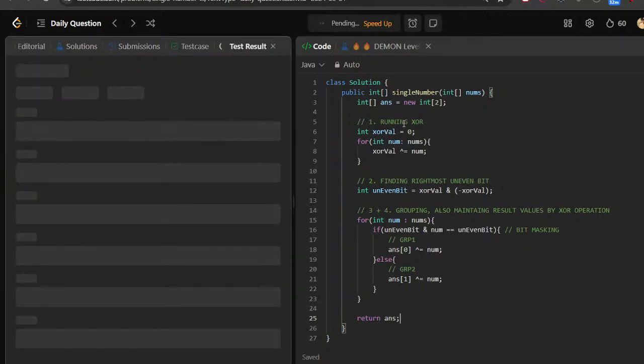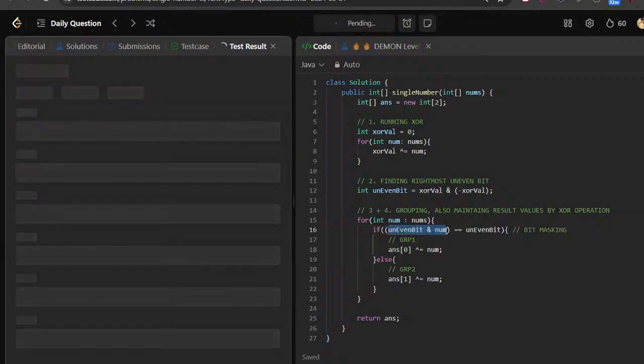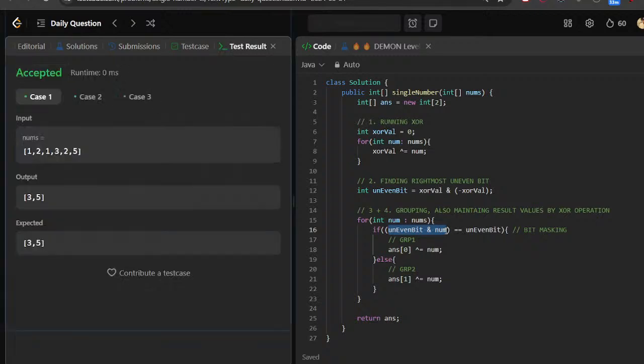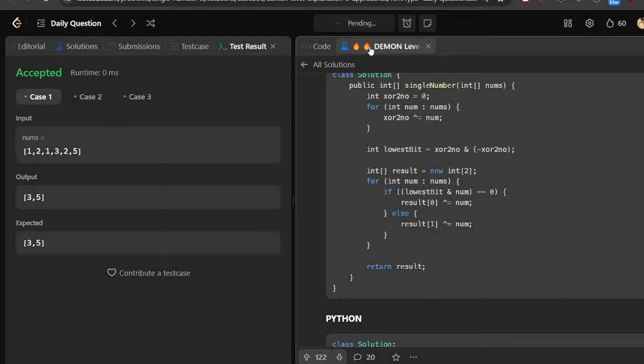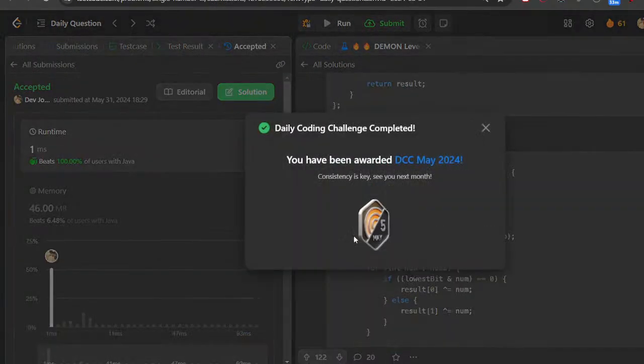This was quite tricky. Yahoo! DCC daily contest, daily code.